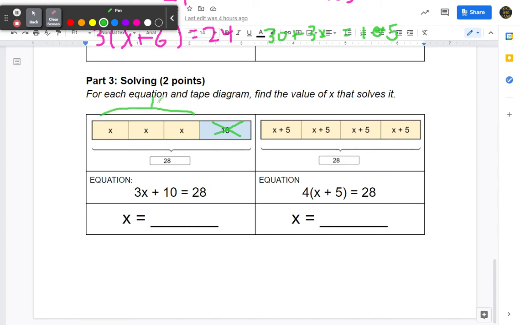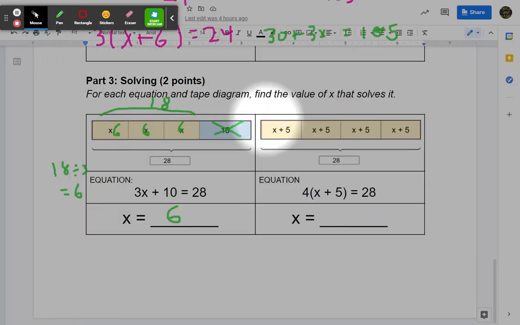So we know these 3 boxes must be 18. If those 3 boxes are 18, 18 divided by 3 is 6. So each box must have 6 in it. And 3 times 6 is 18, and 18 plus 10 is 28.